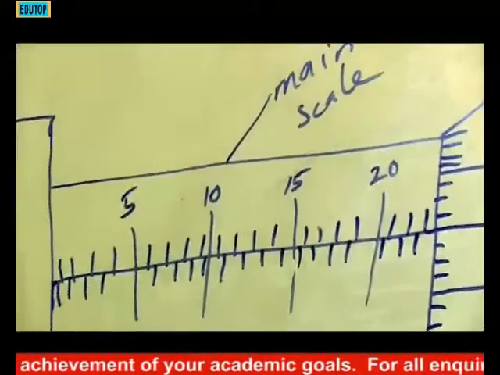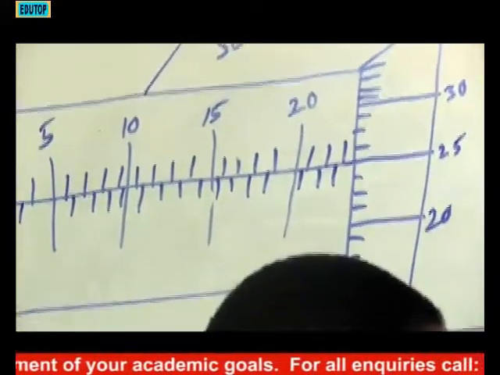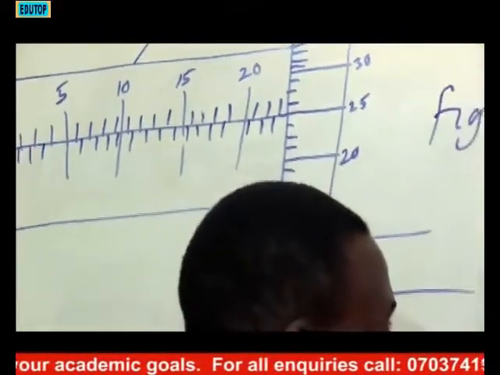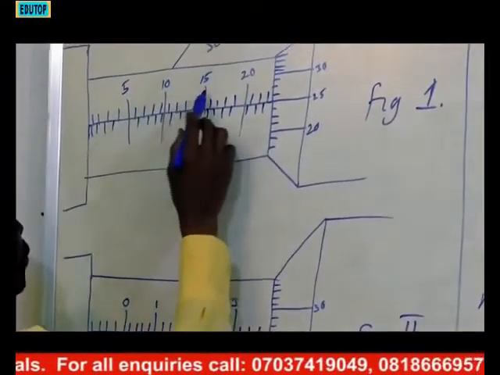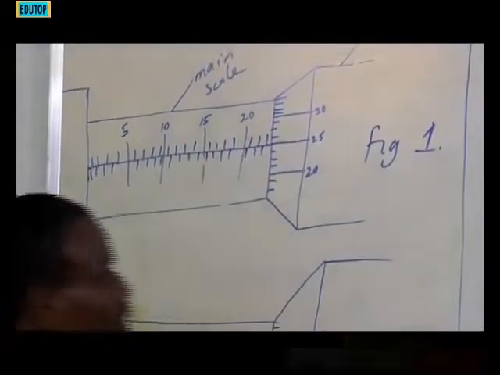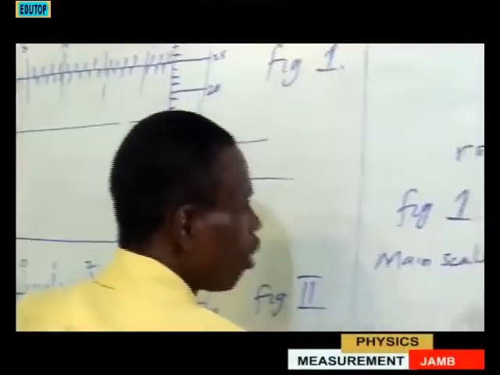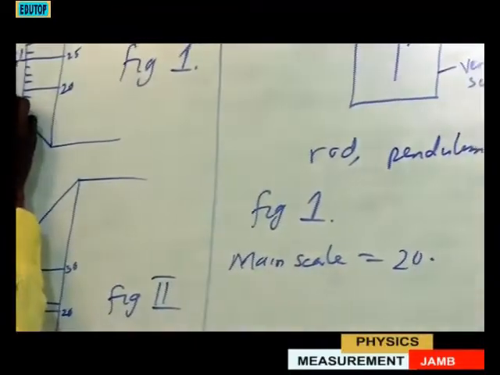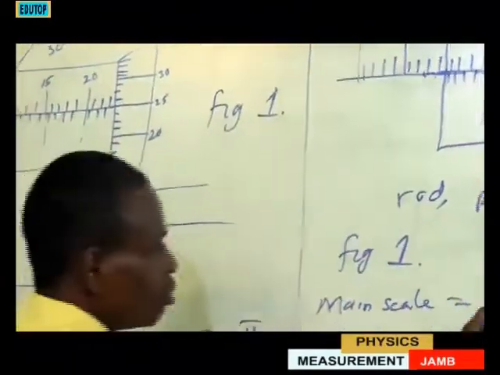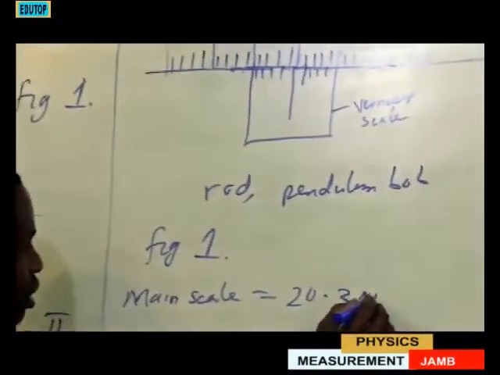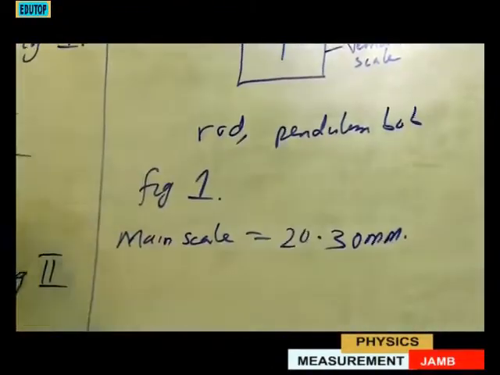Let's take it one by one. Main scale will be equal to 5, 10, 15, 20. We are going to have 20 point 1, 20.2, 20.3, so 20.30 millimeter.